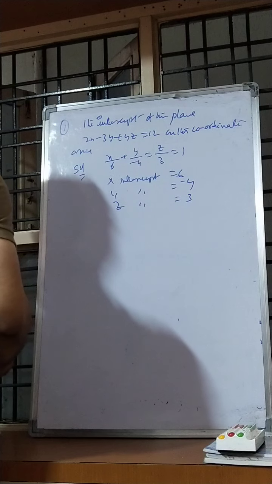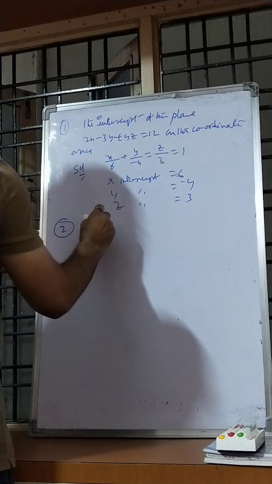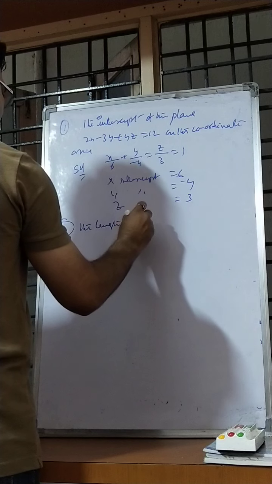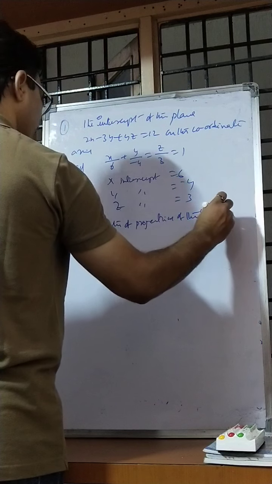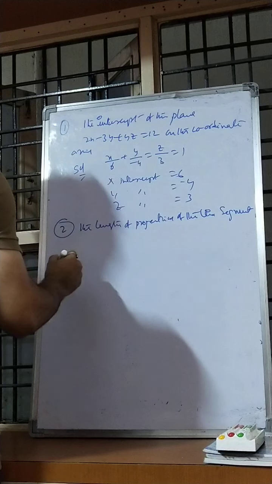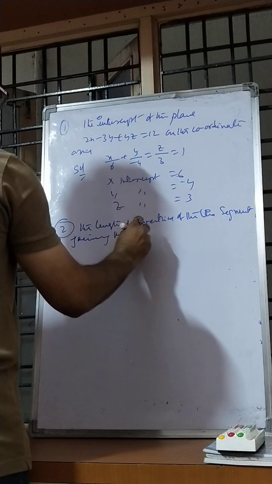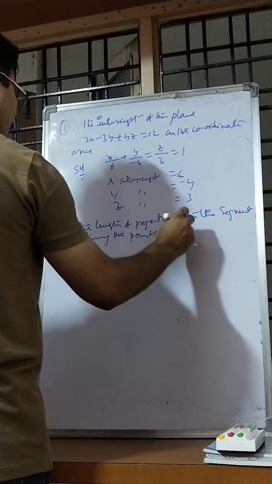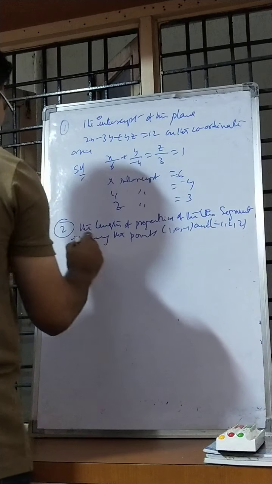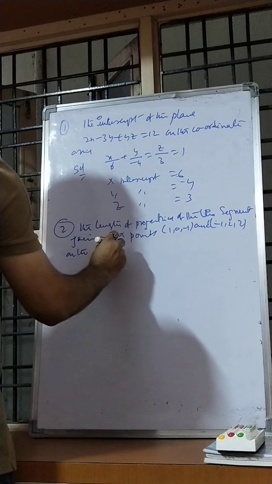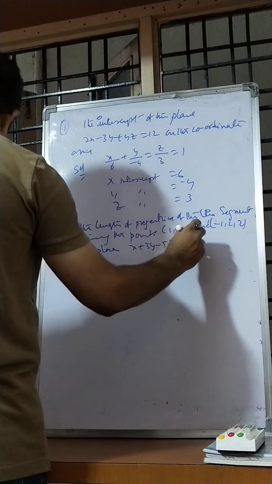Now the next question. If anybody asks you: the length of projection of the line segment joining the points (1, 0, minus 1) and (minus 1, 2, 2) on the plane x plus 3y minus 5z equal to 6.